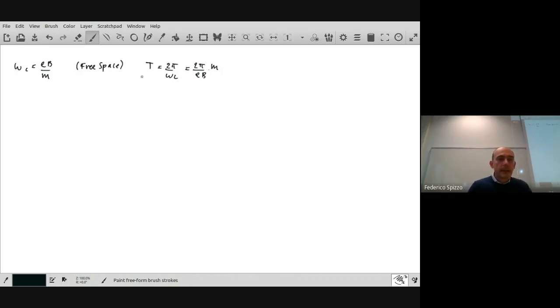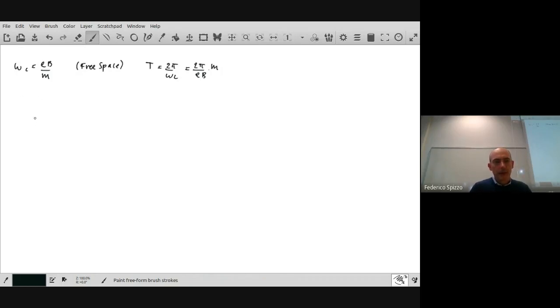So the idea is, let's just try to evaluate the time needed to travel through a part of the orbit. Then if the orbit is closed, we may evaluate the duration of the full path, and then we have the period.